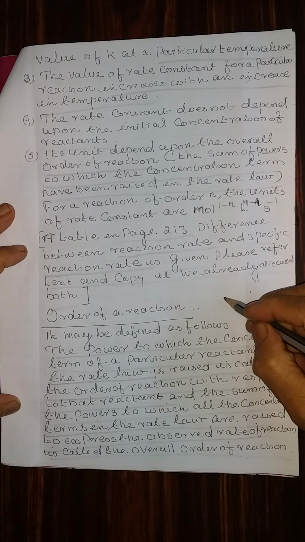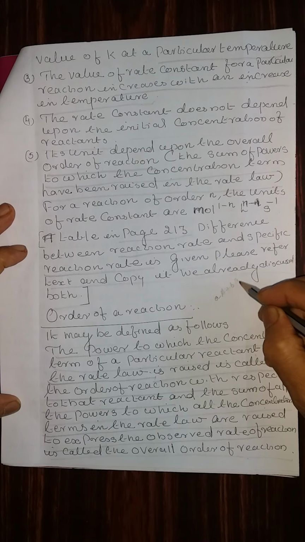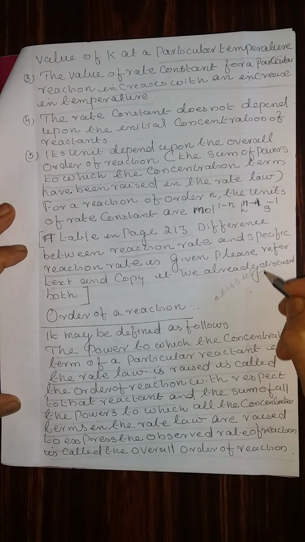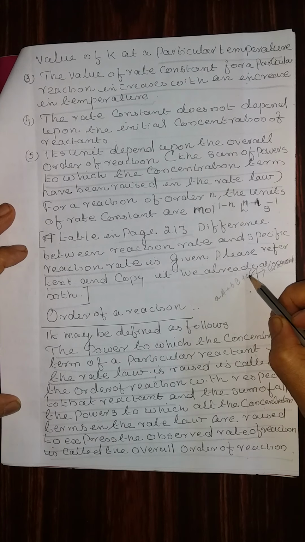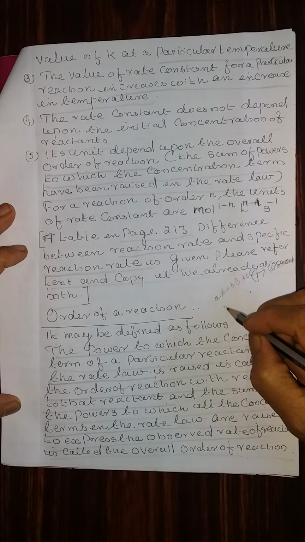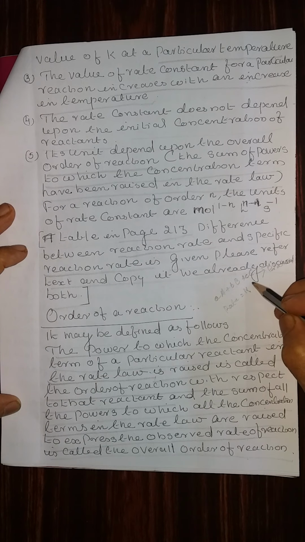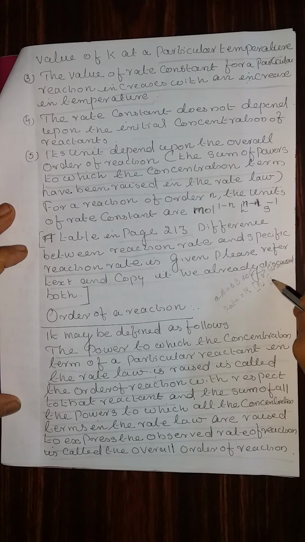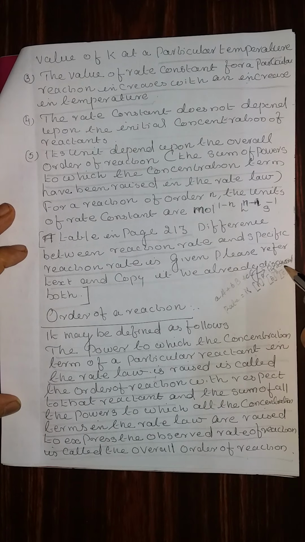We already studied that in a chemical reaction aA + bB + cC giving product, this is based on the stoichiometric factor. We derived that based on the experimental factors, rate is equal to a constant k, concentration of A raised to the power p, concentration of B raised to the power q, concentration of C raised to the power r.